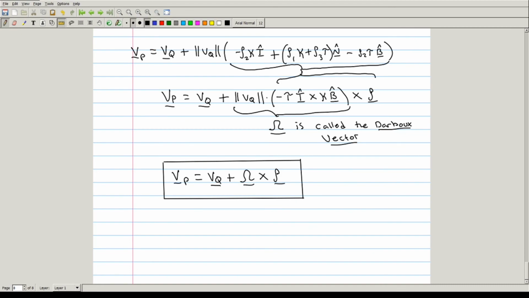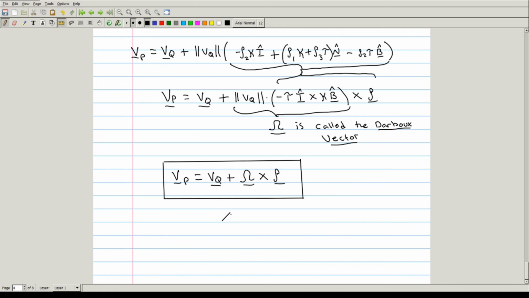And the main result here is known in kinematics of a solid body, with this vector omega called the angular velocity. So this Darboux vector has a fancy name, but essentially this is known in kinematics and physics as the perceived angular velocity of the solid body.